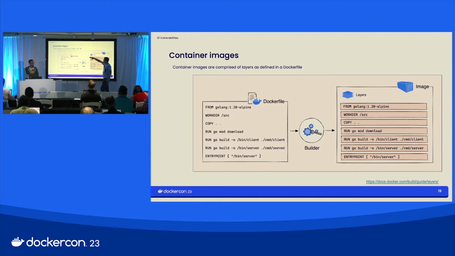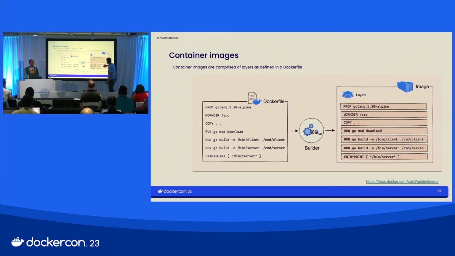So this first line, FROM golang, starts your image at the Golang image, and that introduces the entire Golang image into your image, right? When you copy your source code in, your source code can have vulnerabilities. When you download your dependencies, you're downloading a bunch of source code that can have vulnerabilities.